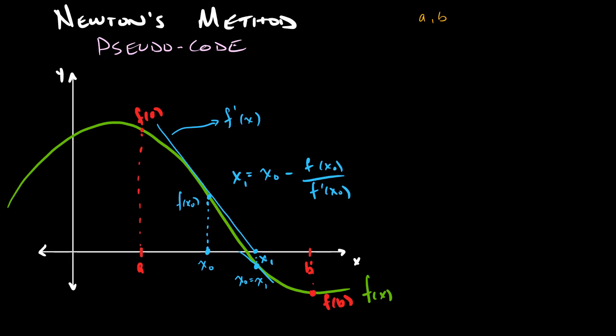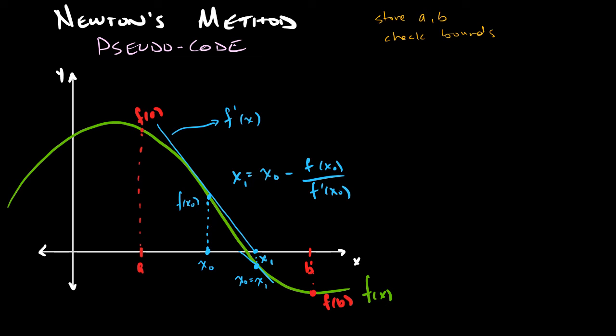You don't have to do this, but if you have some bounds, it would be nice to check those bounds. So first I want to store a and b, and then I might want to check bounds, again looking for one being positive and the other being negative, and that way we know that there's an intercept in there.